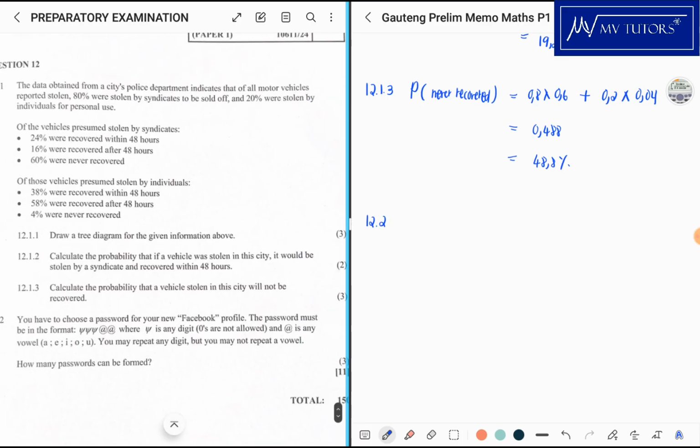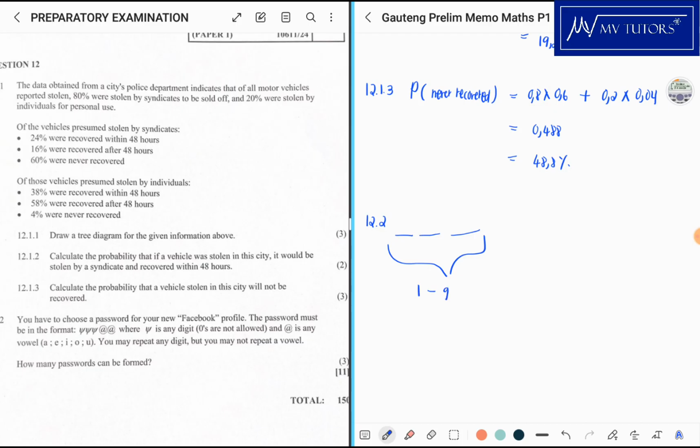Alright, so you have to choose a password for your new Facebook profile. The password must be in the format of that. So we have 3 spaces where that sign is any digit. Okay, so zeros are not allowed. So if it's any digit, it means I have to choose between 1 and 9.